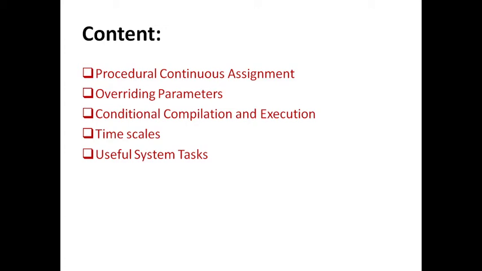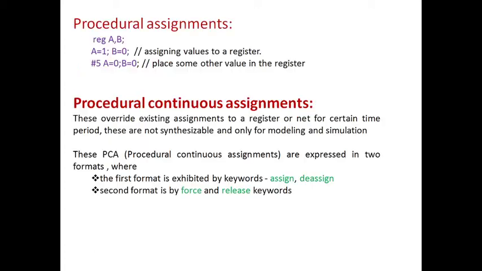Coming to the first topic, procedural continuous assignments. Before going to this, we have certain knowledge of procedural assignments. What are procedural assignments? These assignments generally assign some value to a register.